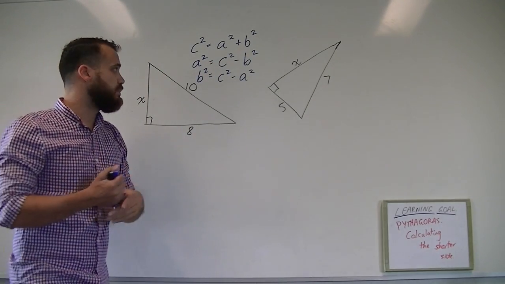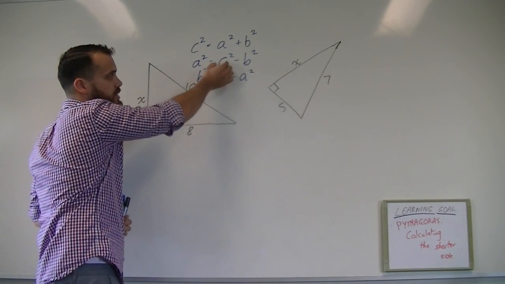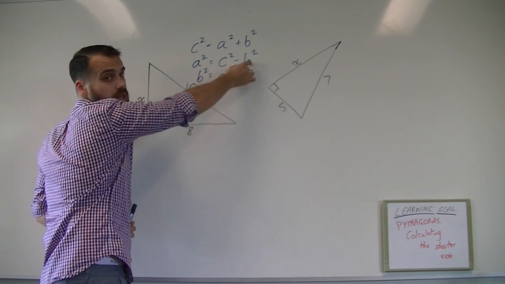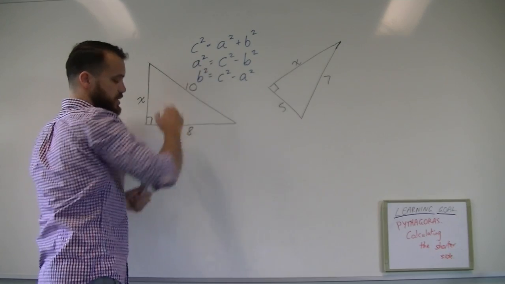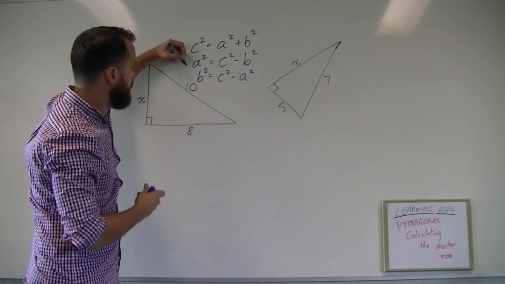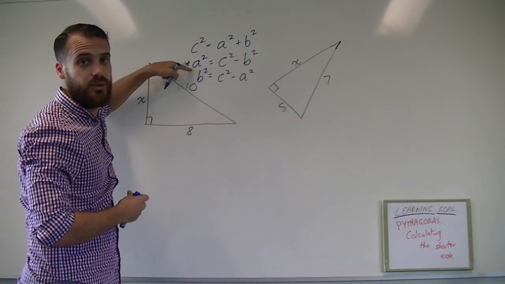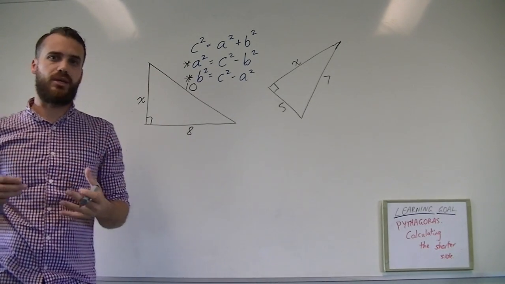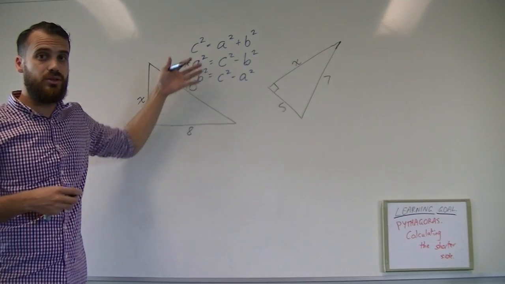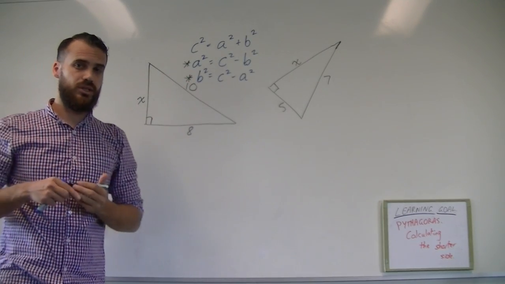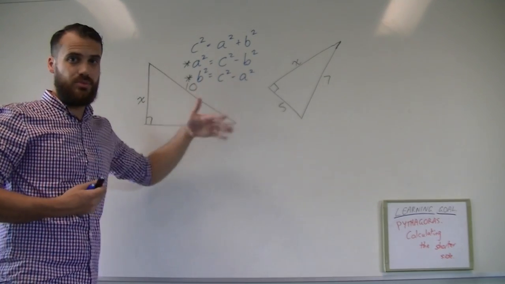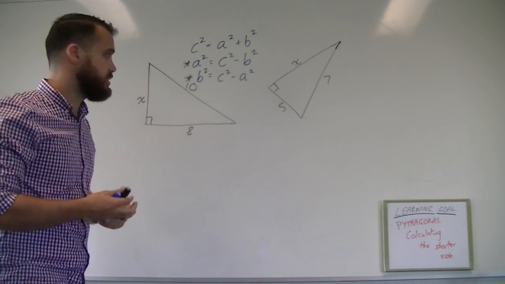Now you can see in both, c squared has to come first, and then it's minus whatever the other one is. So this one here is designed for finding the value of a, and this one here is designed for finding the value of b. They're really the same thing though, you don't really have to learn them as such. Okay, let's jump into some questions. Once you know that, it's pretty straightforward, you just have to throw some numbers in.